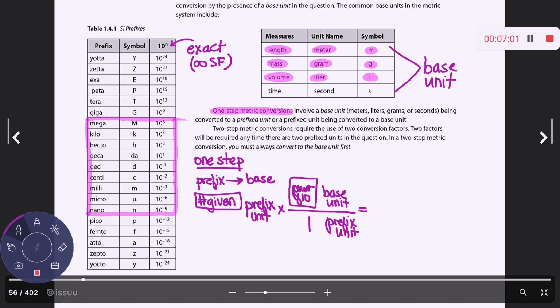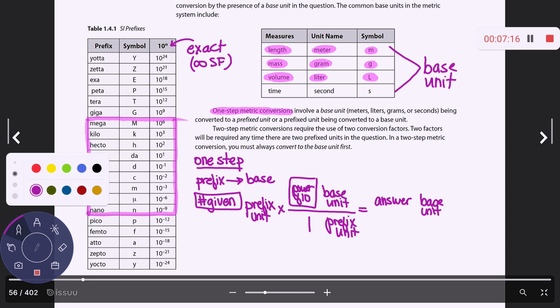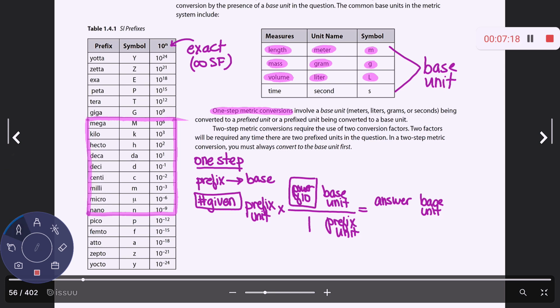So that means we will multiply across to get the answer with the base unit after it, okay? So let me give you an example. Well, we'll do an example on the next page. How about that? And then the other one-step problem, so this would be the first example.